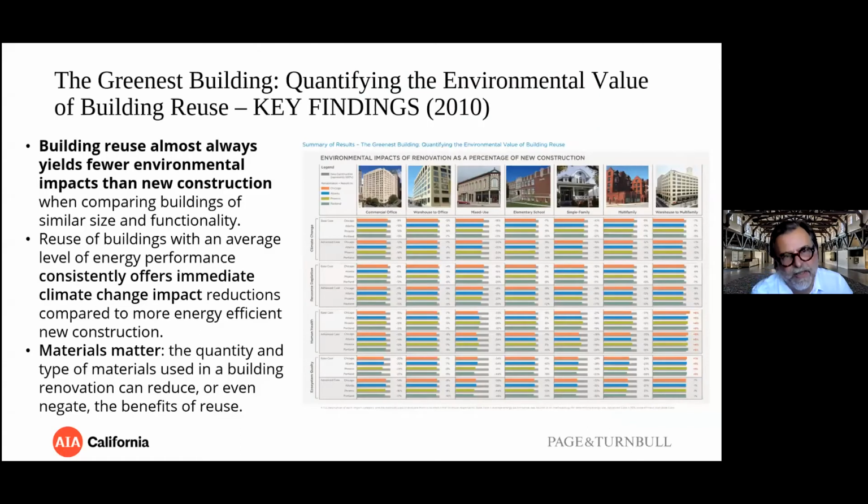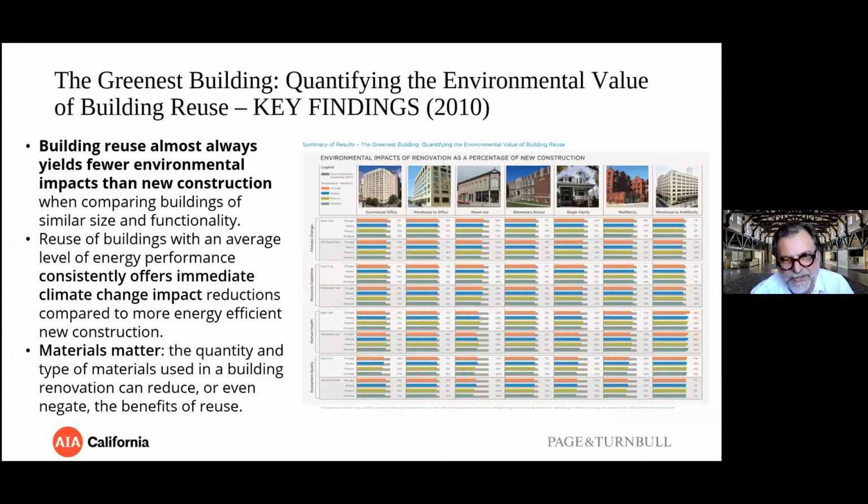But their key findings were that building reuse almost always yielded fewer environmental impacts than new construction. The one category that really didn't work as well, which is kind of ironic, is conversion of industrial or warehouse buildings into residential apartments or condominiums.